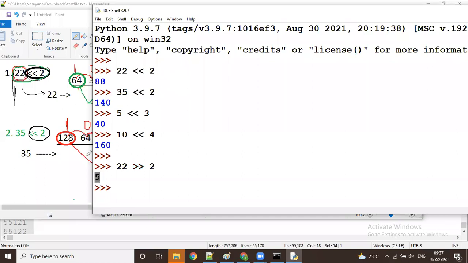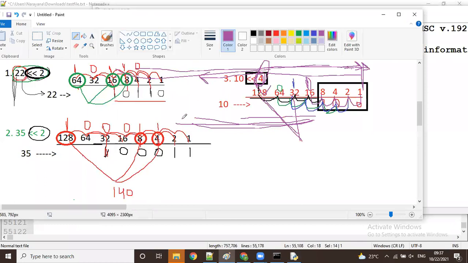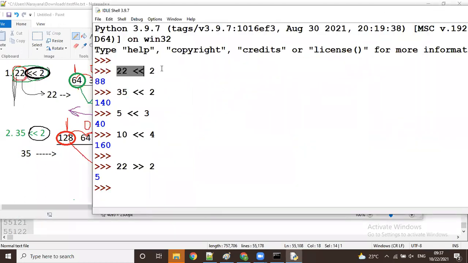Left side values are increasing, becoming bigger values, but on the right side the values become smaller. That's why the value is decreasing, guys. The same 22 shifted by 2: if I use the left shift, 8 came. Why? Left side values are increasing: 8, 16, 32, 64, 128, 512, 1024. The value is increasing, bigger values come.